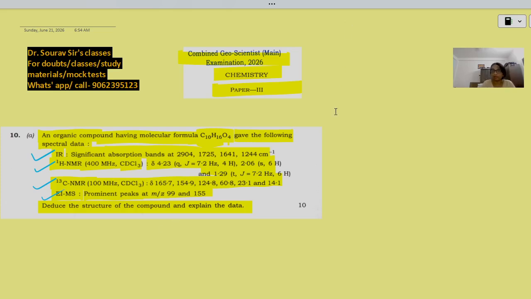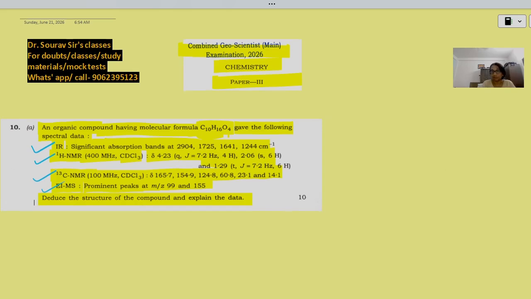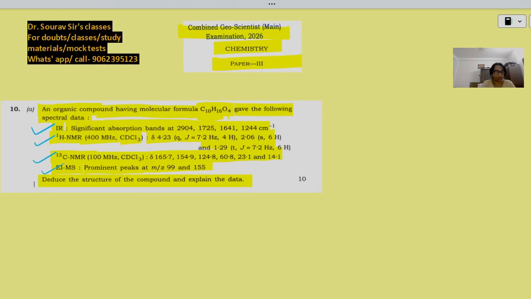They are also asking for an explanation of the data. First we deduce the structure of the compound according to the given data.